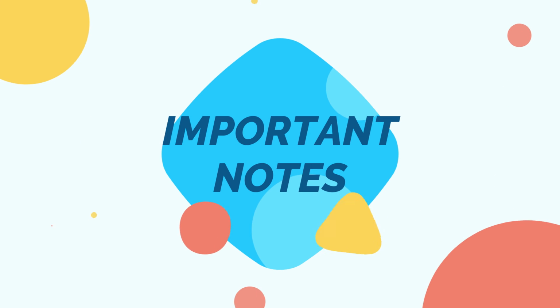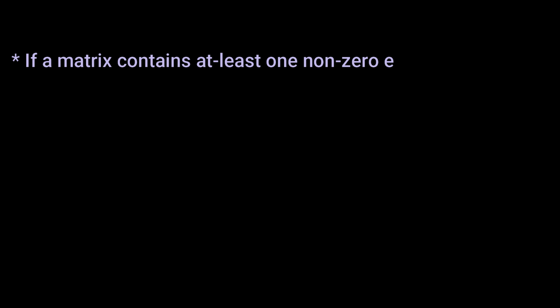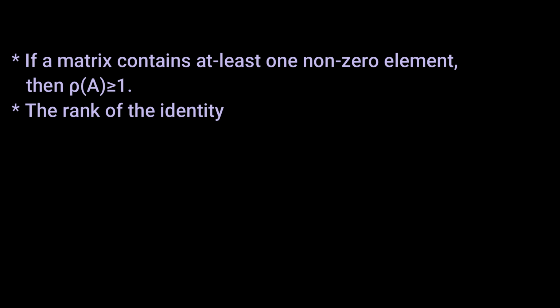Okay, let me see some notes. The first one: if a matrix contains at least one non-zero element, then the rank of A is greater than or equal to 1. Second, the rank of the identity matrix I_n is n.